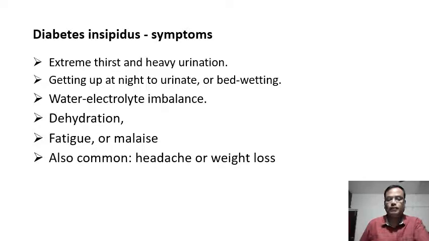So the person will urinate dilute urine in very large quantities, getting up at night to urinate. Since he is unable to control the urination behavior, it will lead to getting up at night for urination and also bedwetting.